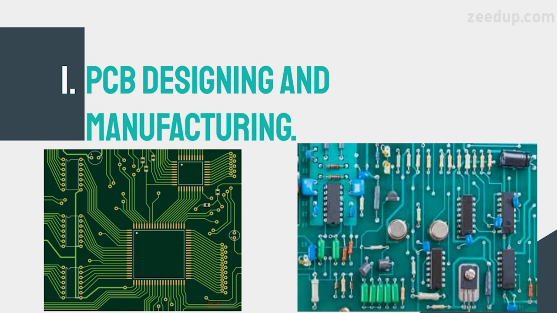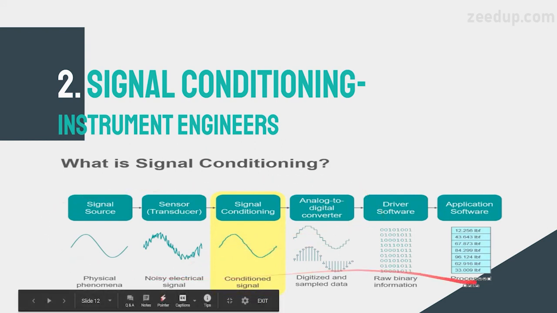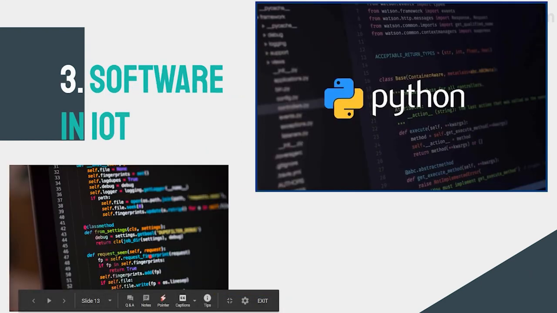So you have other jobs also, PCB designing and manufacturing. You know, you can print your PCB boards. And signal conditioning: the signal source should be amplified and then converted to digital in the form of binary bits and then displayed in the application software. This is just the flow of what I explained.